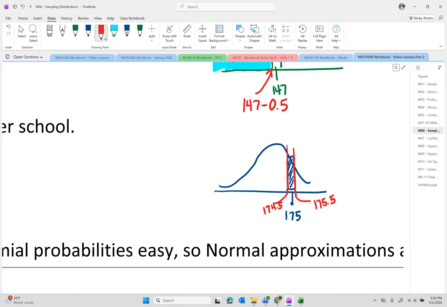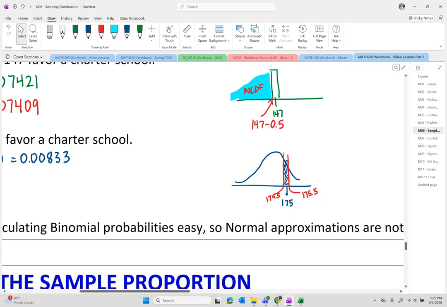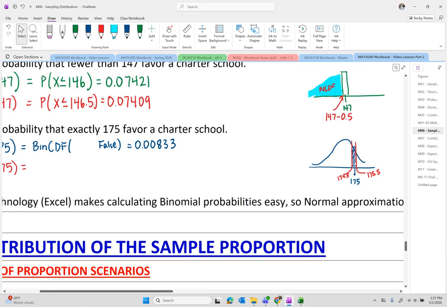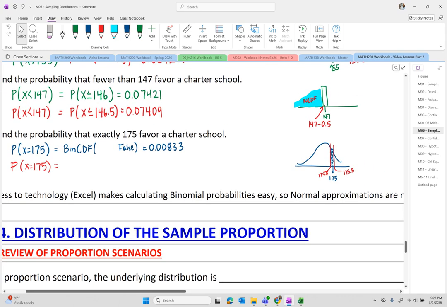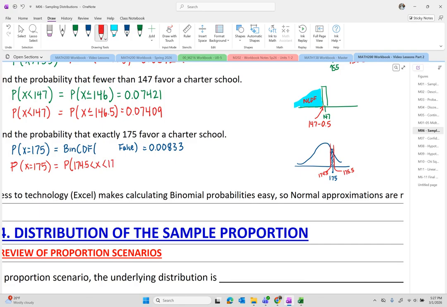And that's how I will find the area of the rectangle that is centered over 175. So here for the normal distribution, it will be the probability of x being between 174.5 and 175.5.